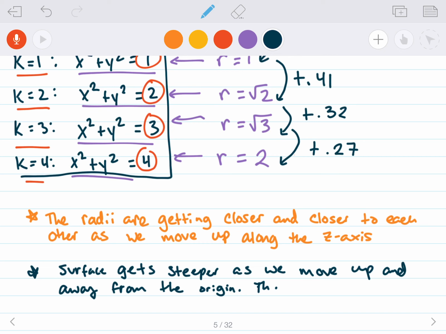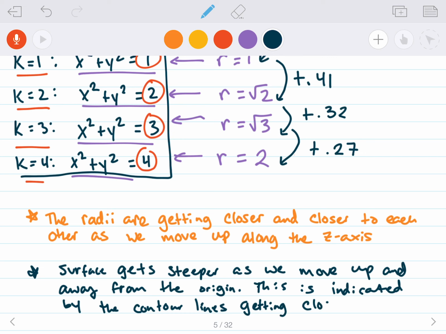So this is indicated by the contour lines getting closer as we move farther away from the origin.